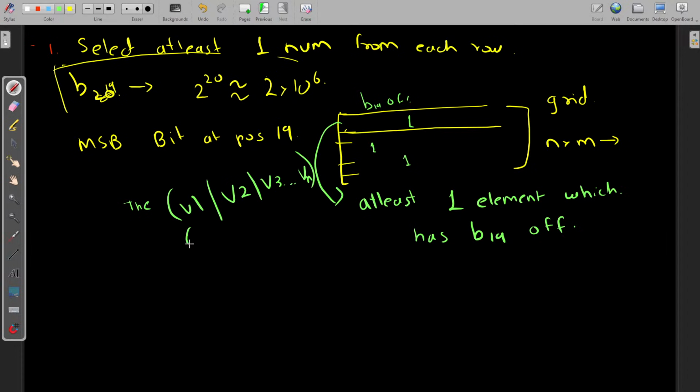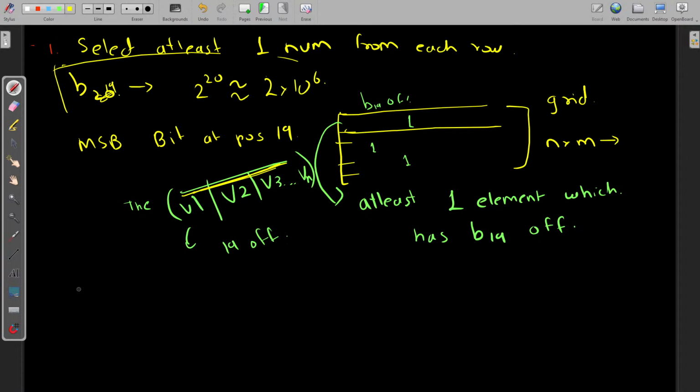The bitwise OR will only have the 19th position off if the 19th position was off in all of the given values. Then only the final answer will also have position 19 as off. So we will try to find at least one element in each row which has position 19 as off.